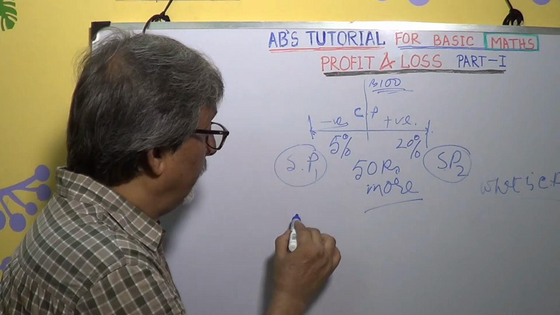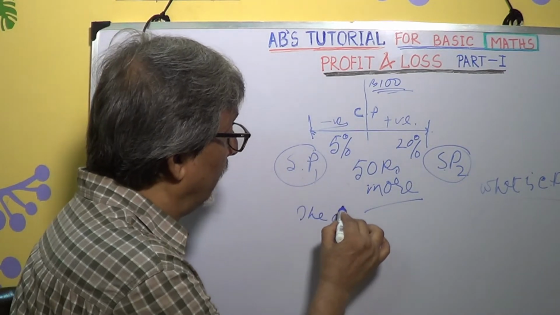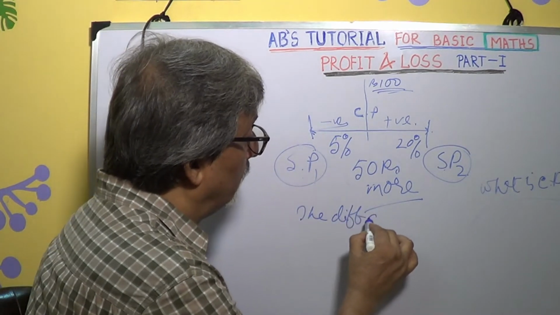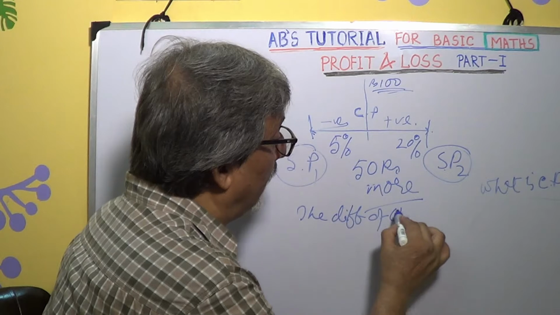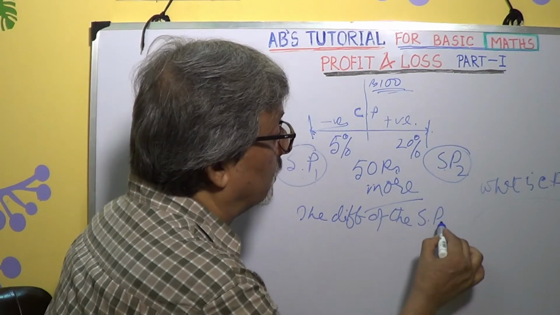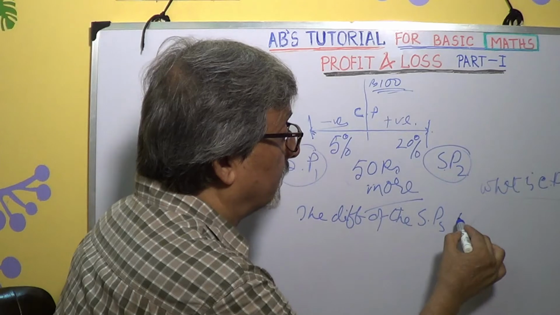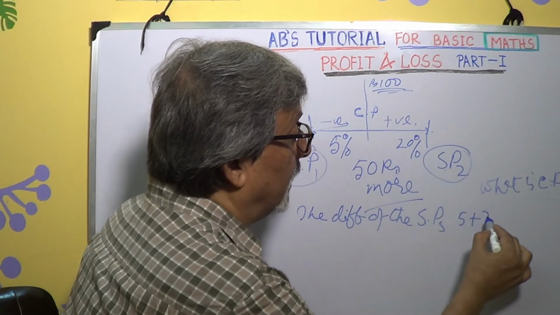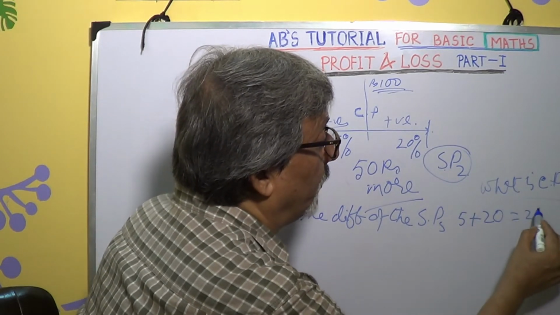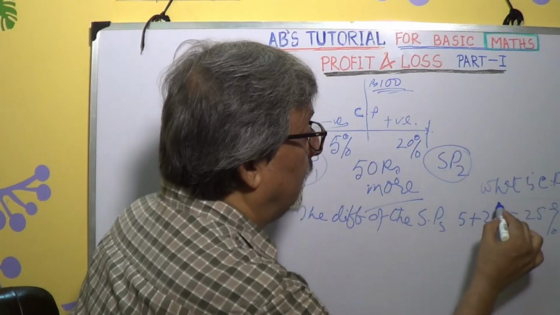The difference of the SPs is how much? 5% and 20%. This means 25%. Is it clear?